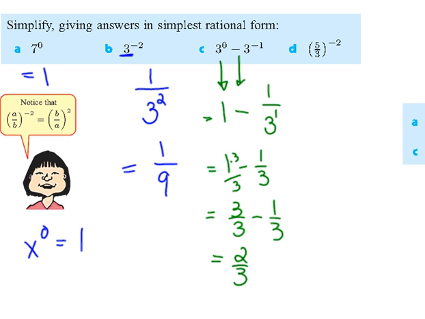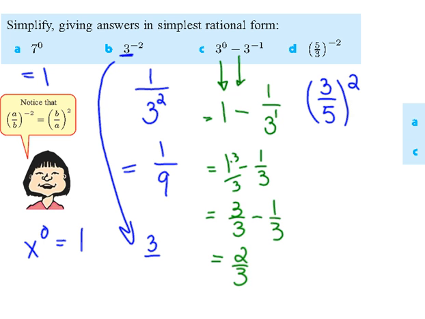Okay, if you have a fraction to a negative exponent, the easiest thing to do is reciprocate it right away and then make your exponent positive. So for example, we've got 5/3 here. We can reciprocate that to 3/5 and then deal with a positive exponent. So that negative just flips our fraction around. And notice it's always doing that. In this example B, we really have 3 over 1 to the negative 2, right? That's the same as 3.